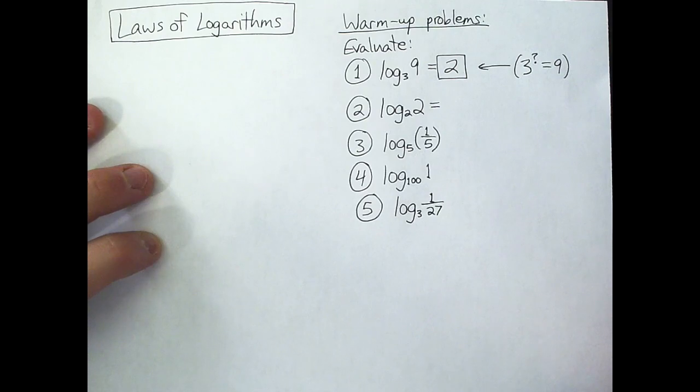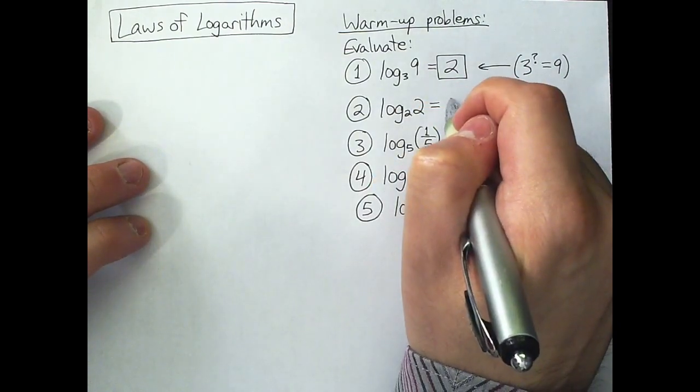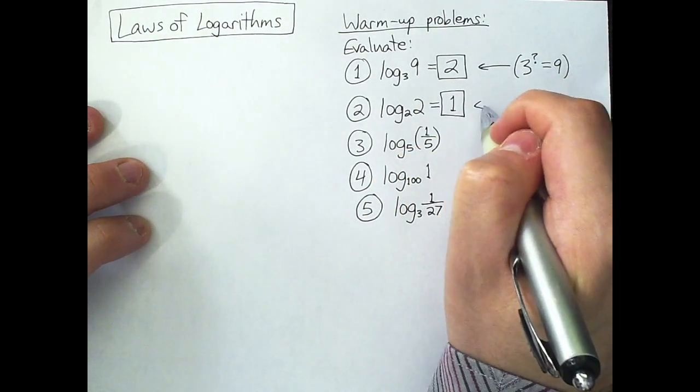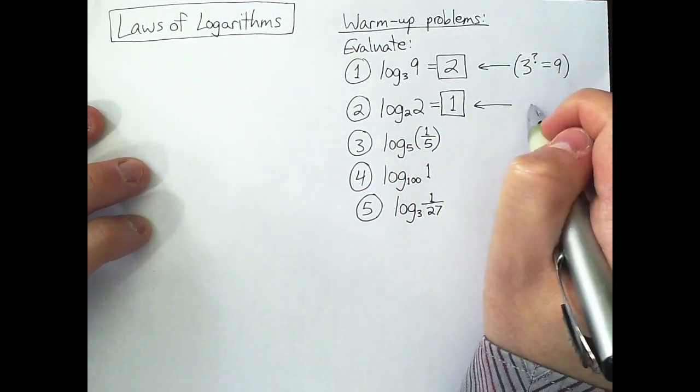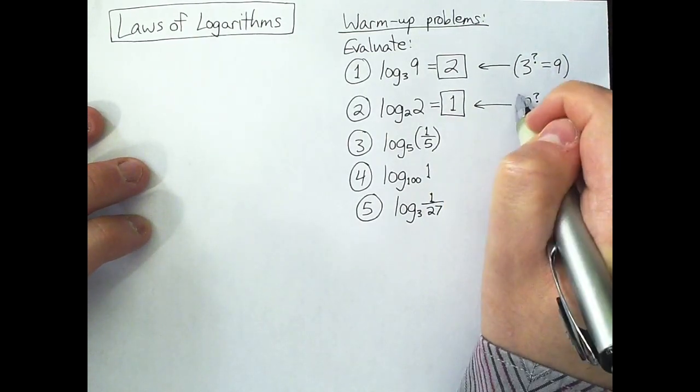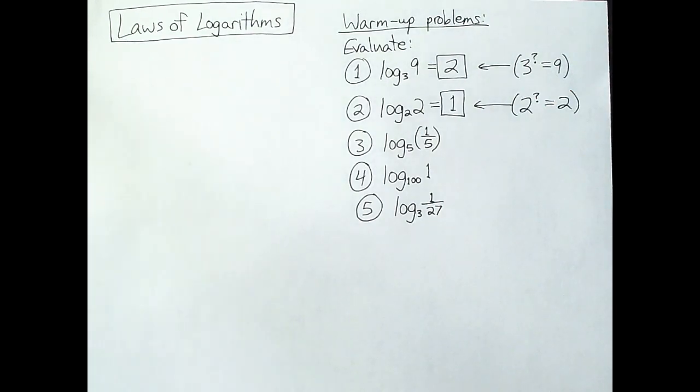Number 2, you could answer by using one of those facts from the previous section. You could say that because those numbers are the same, the answer is going to be 1. If you don't think of it that way, you might think of it as 2 to what power equals 2. That would have to be a power of 1.